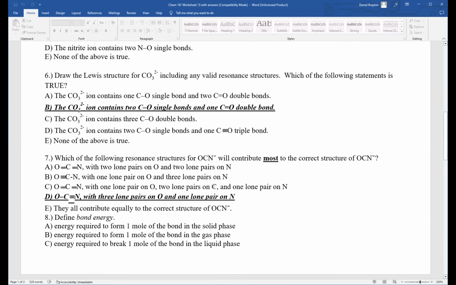6, draw the Lewis structure for carbonate. Any valid resonance structures, which of the following statements is true? So this one looks kind of like the same thing. Pull it up.